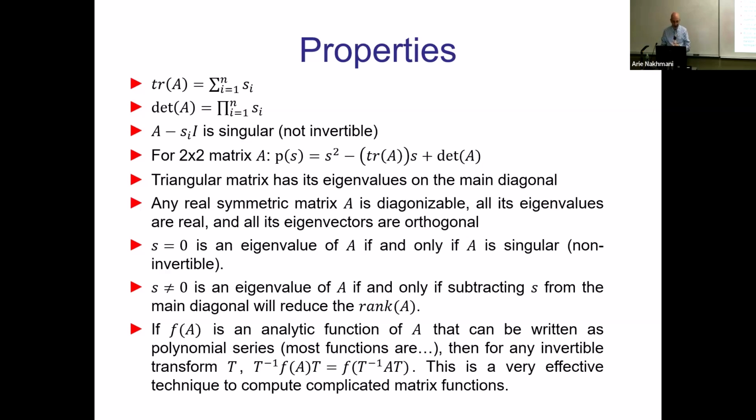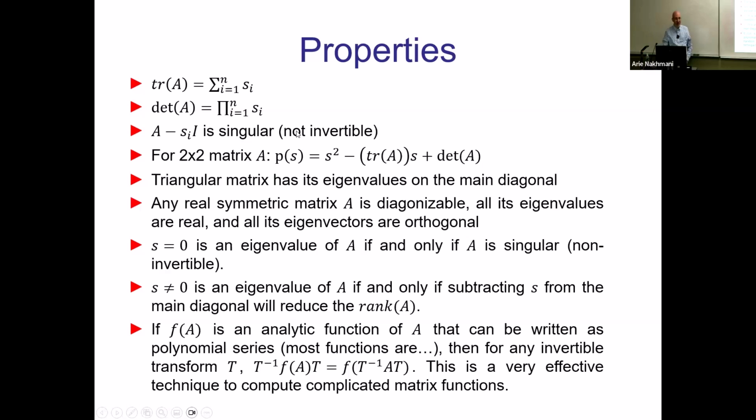Okay, and the trace, which is the sum of the diagonal elements, equals the sum of the eigenvalues. This is always true for any dimension, which is a very interesting property of the matrix, that you have very simple connections here.